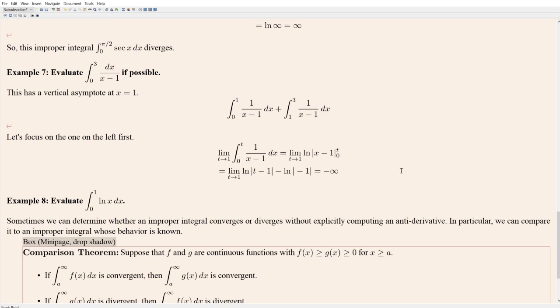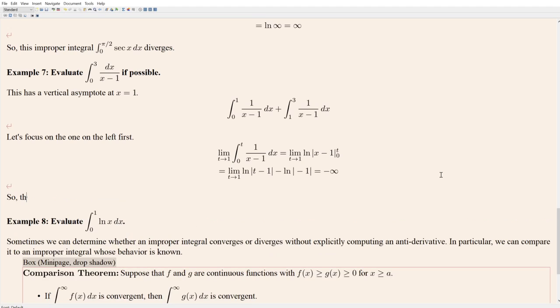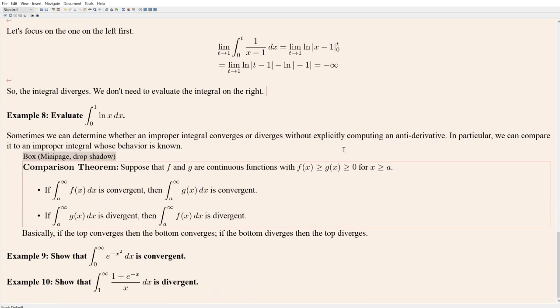The whole thing is doomed to diverge in that case. Yep. There's no need. Although it's going to end up diverging as well, for the same exact reason.